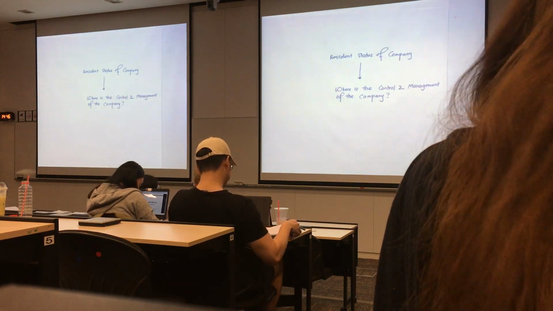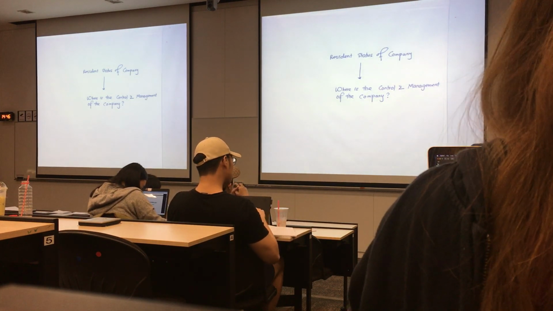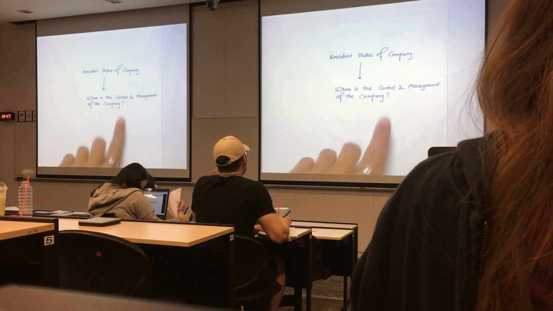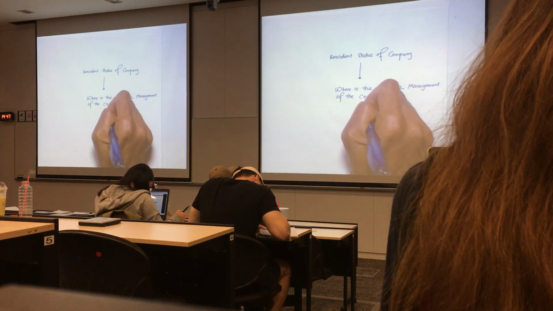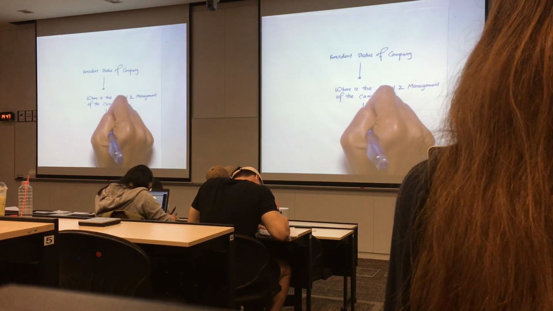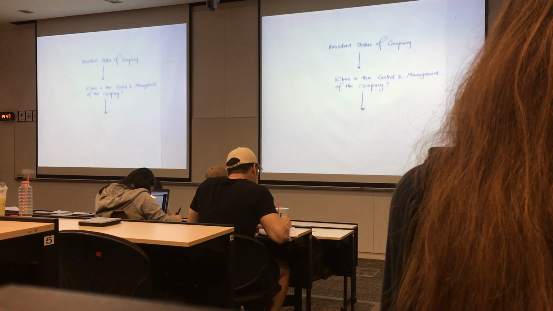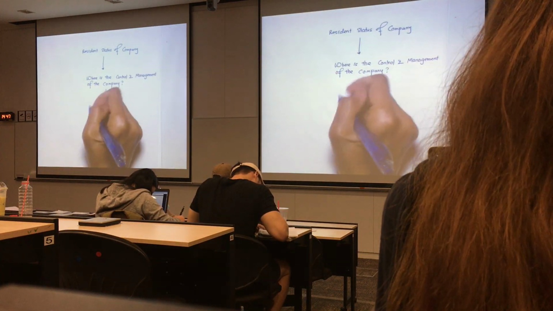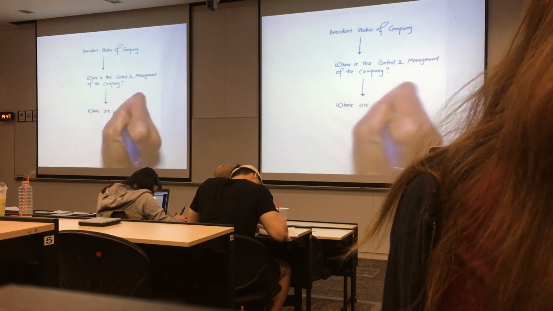In other words, to decide on the resident status of a company, you have to look at the question to decide where this company's control and management is. And next question: how do I know where is the control and management? I have to look at the question to find out where the directors' meetings are held.